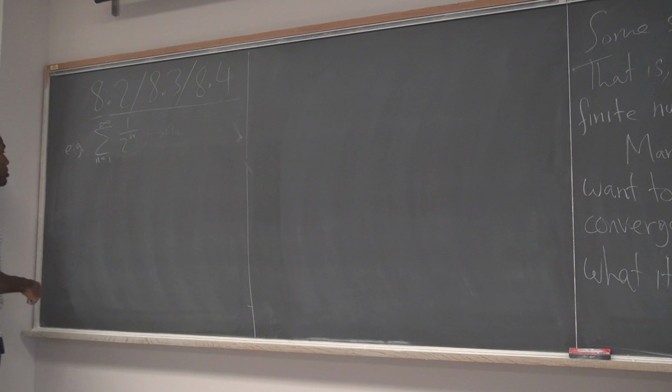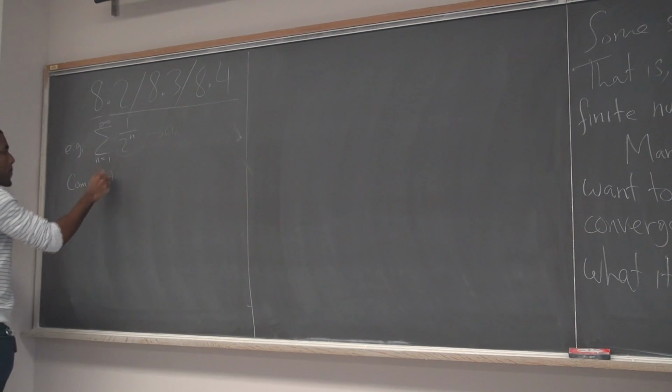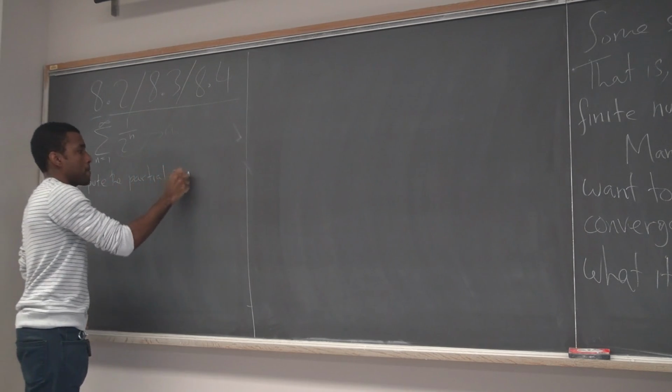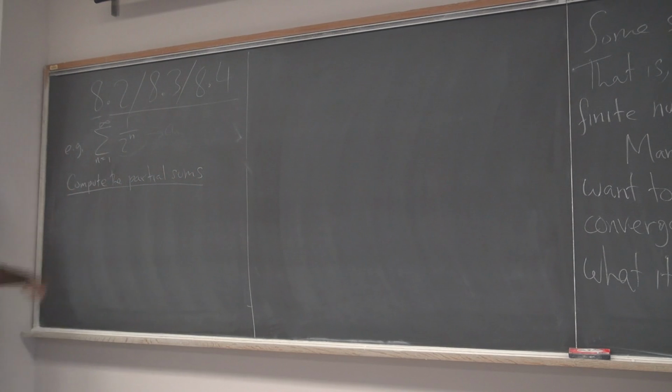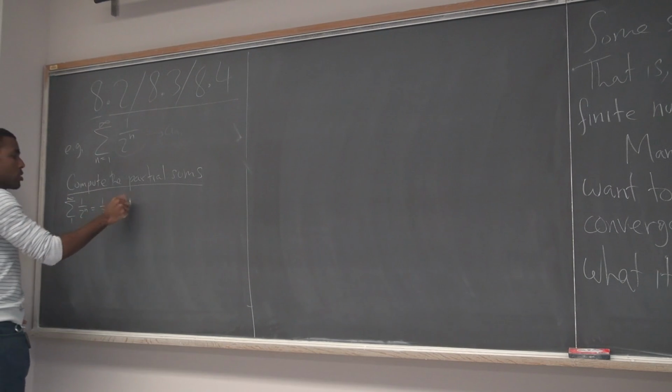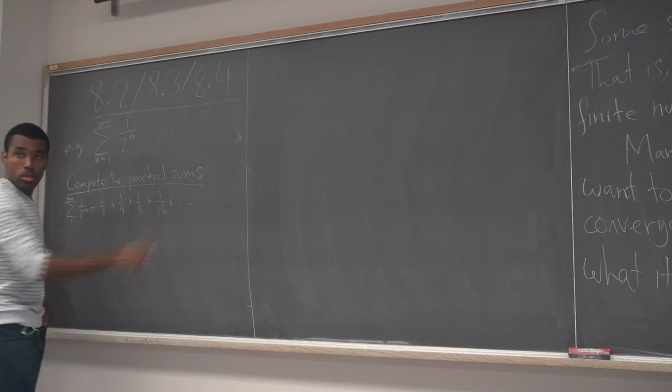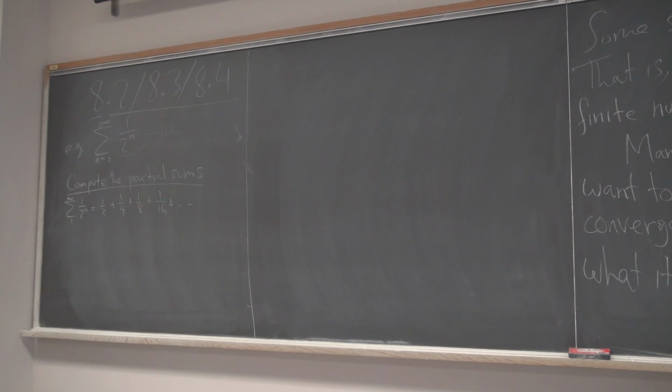So let's do an example. Let's compute the partial sums. For example, we know what the sum of this is, right? So 1 over 2 to the n, from 1 to infinity, is a half plus a quarter plus an eighth plus a sixteenth.